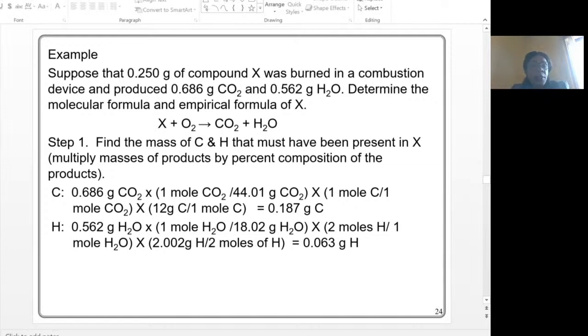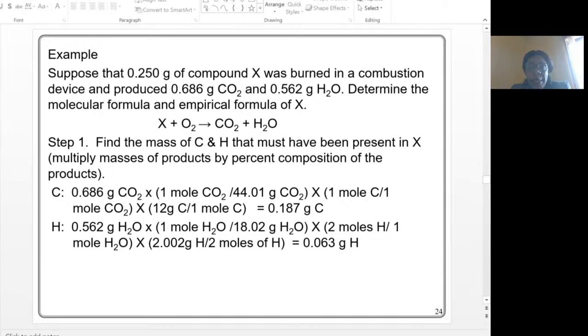I'll show you two methods. The first method utilizes several steps. So step one is you find the mass of carbon and hydrogen that must have been present in X. Remember, we have the masses of the products, which is 0.686 grams carbon dioxide and 0.562 grams of water.